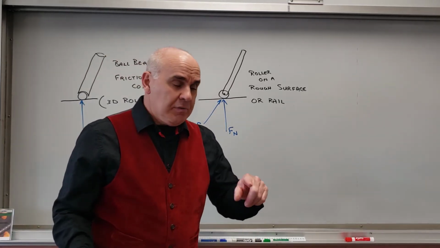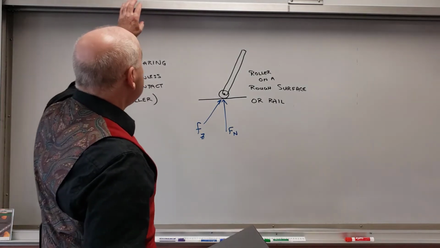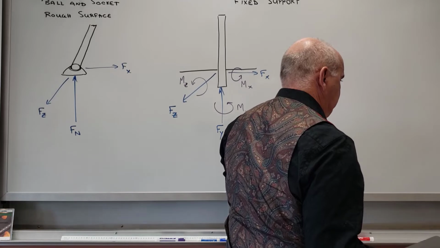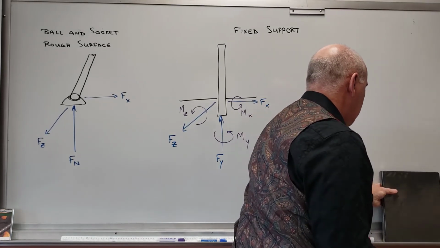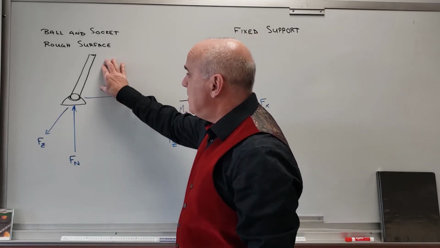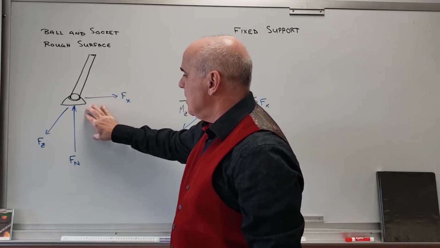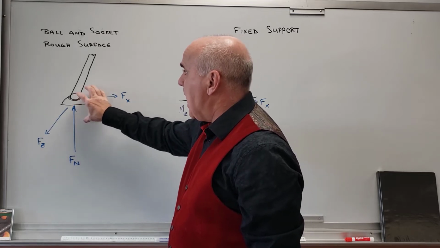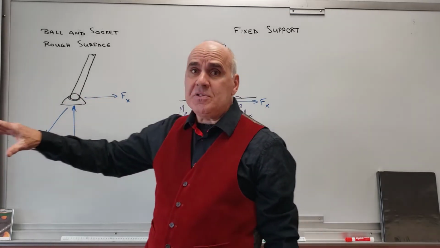All right, now let's take a look at a different support mechanism. Let's talk about a ball and socket. In the case of a ball and socket, the object is not allowed to move in the x, y, or z direction.